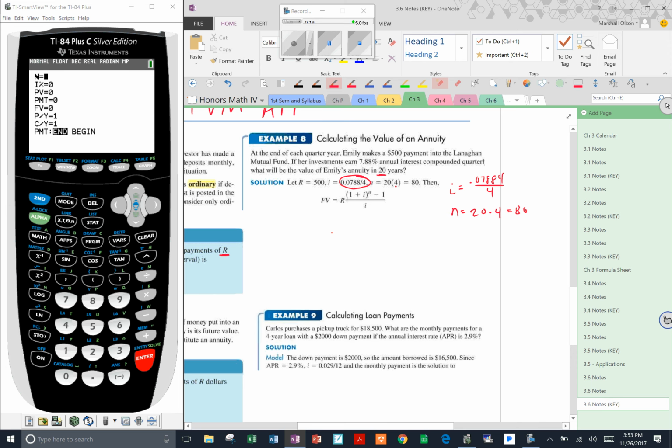So the future value is going to be 500, that's my R, and then 1 plus I, which is 0.07884 over 4, and that's taken to the 80th, and then we're going to subtract 1 from that, and that's all going to be over I, which is the 0.07884 over 4. Okay, so there's a lot going on there.